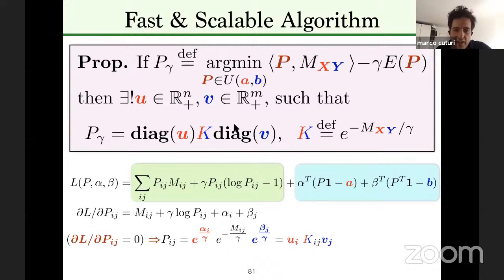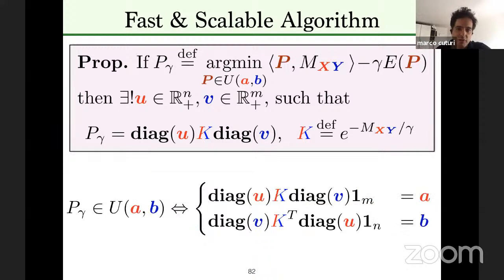So the only thing you need to solve here is to find two vectors U and V such that, basically, we use the constraints. This matrix here has the right row sums and column sums. By row sums, I mean that if I multiply by 1, I get A. And if I multiply the transpose of this matrix, which is easy, it's just diagonal of V, K transpose, diagonal of U, I get B.